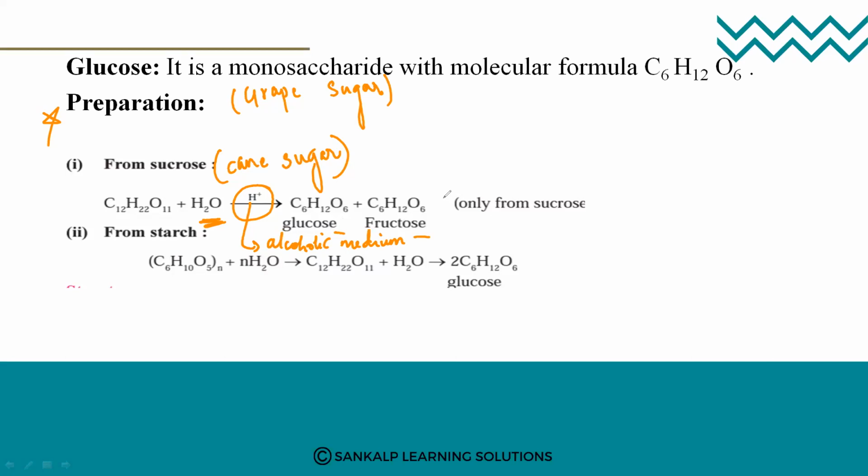Sucrose, C12H22O11, reacts with water, that is, it undergoes acid hydrolysis because it reacts in the presence of acid, in an alcoholic medium, to give glucose and fructose. Please remember this reaction, it is very important.